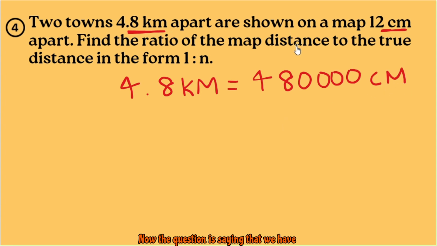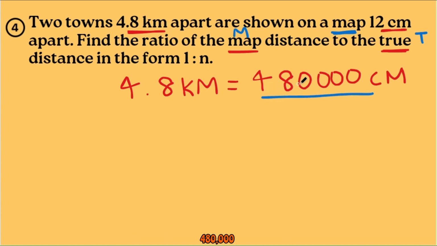centimeters. Now the question is saying that we have to find the ratio of the map distance to the true value. So for map I'm writing m, and for true distance I'm writing t. The map distance is a smaller one, so 12 centimeters, and it says map over here, and the true distance is 4.8 kilometers, which we have converted into 480,000 centimeters.